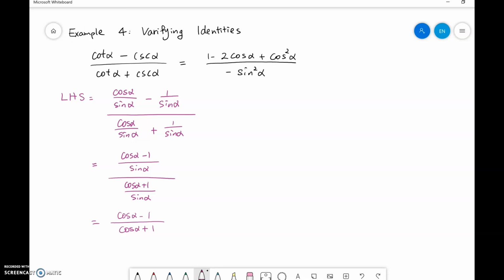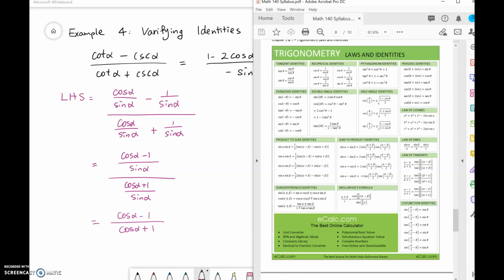Since I'm looking for sine, and right now I only have cosine, to get some piece of sine I'm going to use the identity sine squared theta plus cosine squared theta equal to 1. But I cannot really use it yet, so I have to create a cosine squared and somehow a 1.